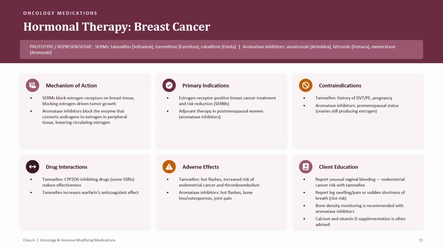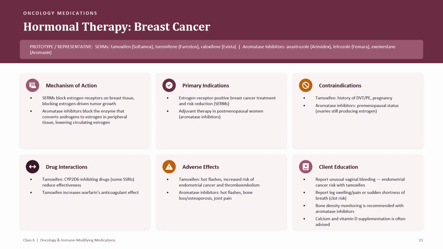So the medication class, the SERMs of this group, the tamoxifen sort of medications, go straight to the breast tissue and block the estrogen receptor itself. So sort of think of it like changing the locks on a door.